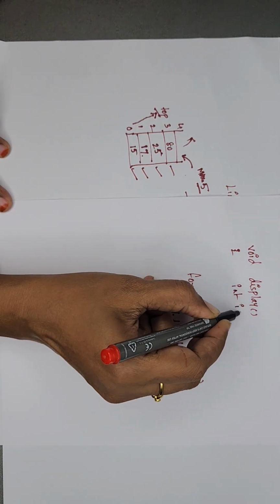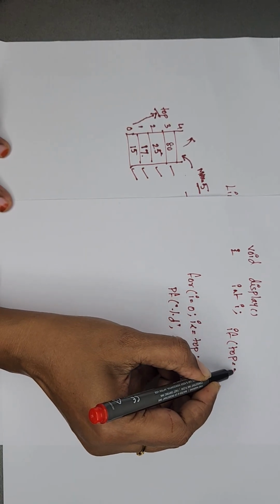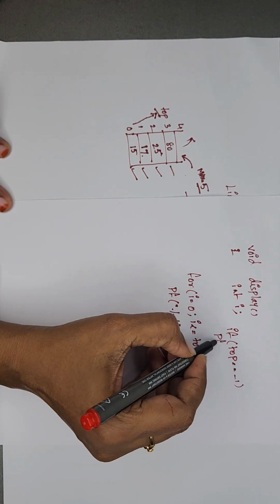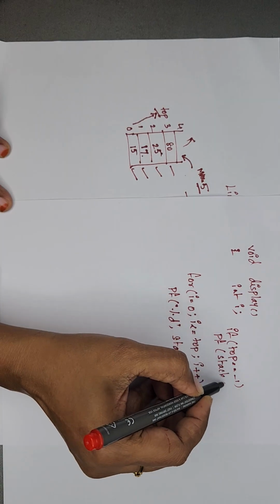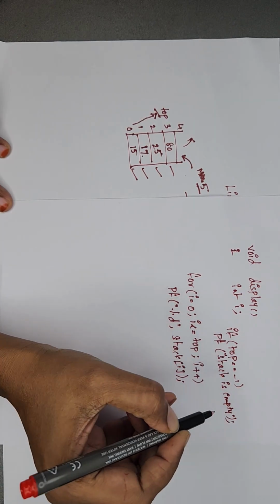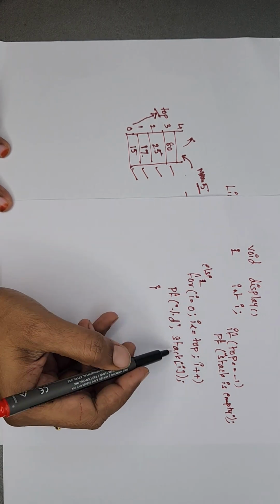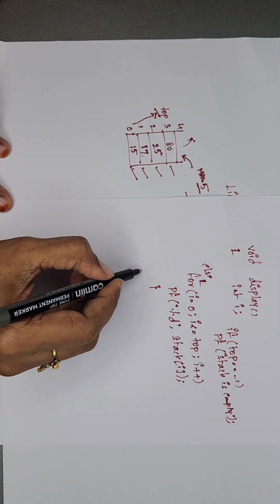So declare this I value, and if at all top equals -1, printf stack is empty. If it is empty we cannot display the elements. Else repeat one for loop. With the help of for loop you can display all the elements from stack.